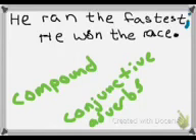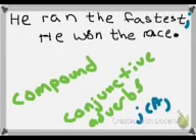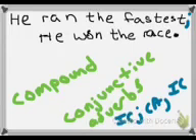Semicolon, okay, let's do a quick review of that rule. Semicolon, your conjunctive adverb, comma, okay, and then you have your simple sentence. Okay, so that's your simple sentence, semicolon, conjunctive adverb, comma, simple sentence.